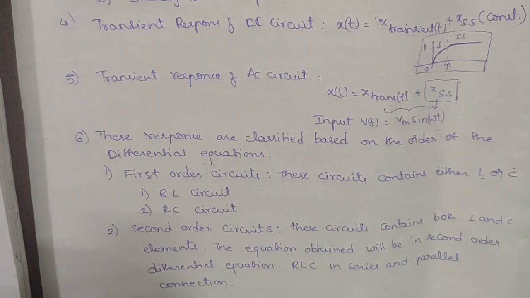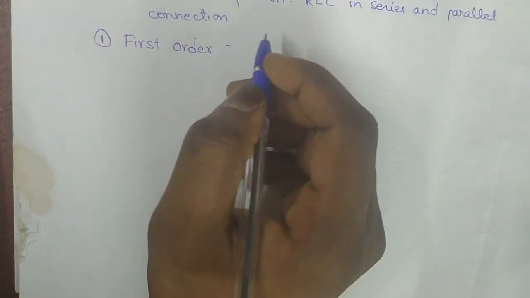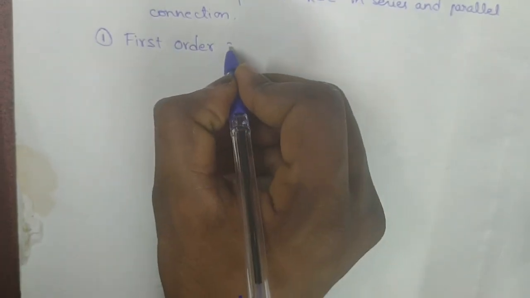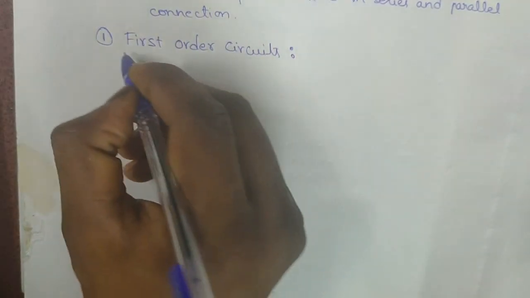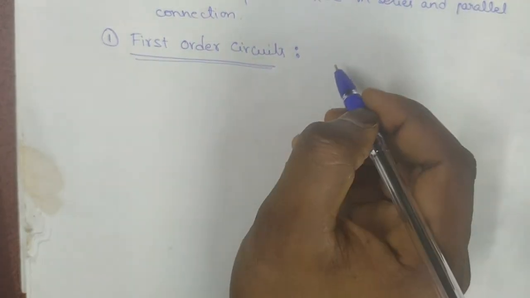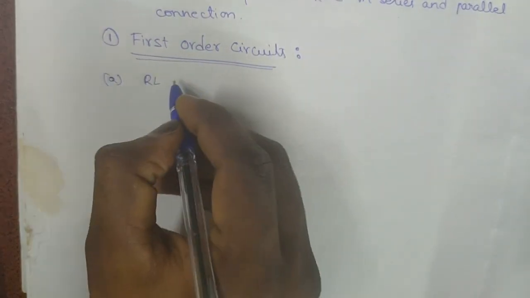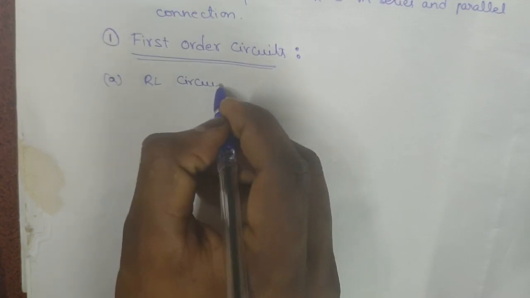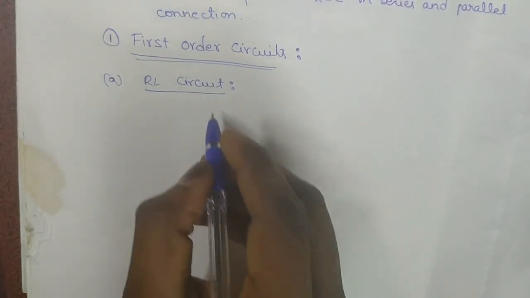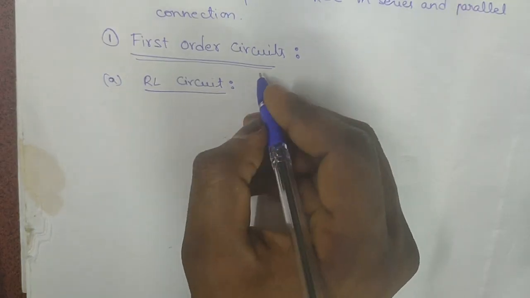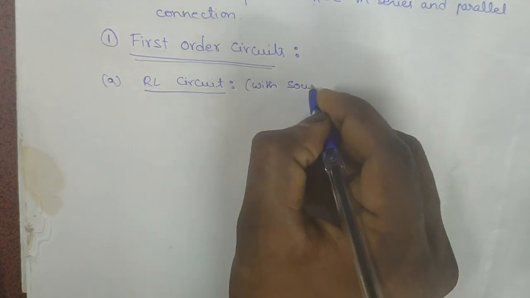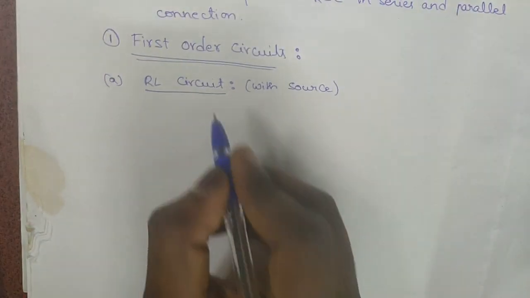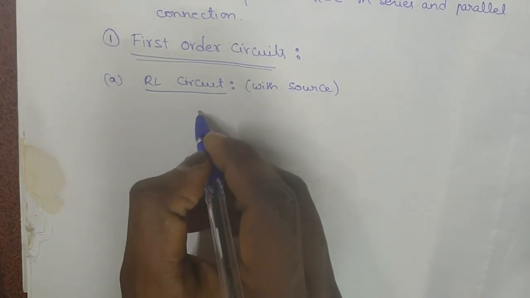Now, first order circuits. First one will be the RL circuit. We will discuss it with a source, so let's draw the circuit diagram.